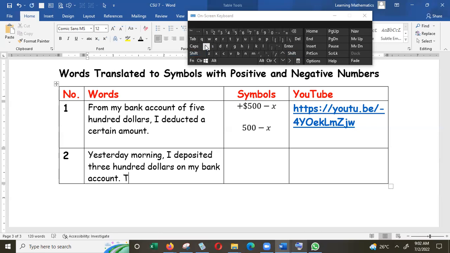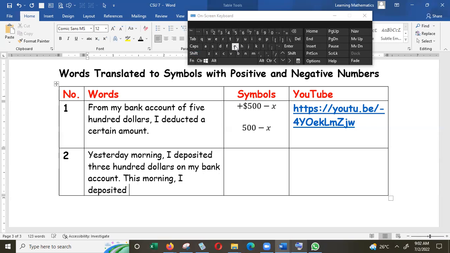This morning, I deposited a certain amount.